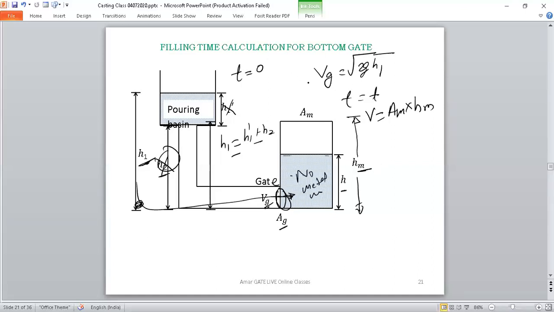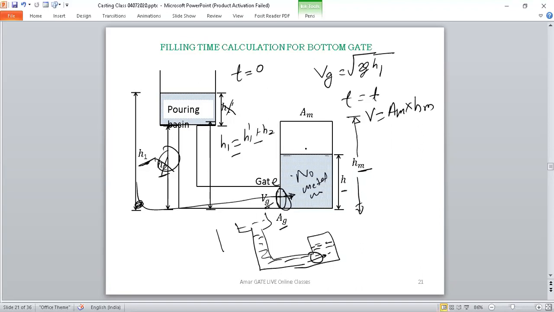You have molten metal filled up to here, and you are filling from here.